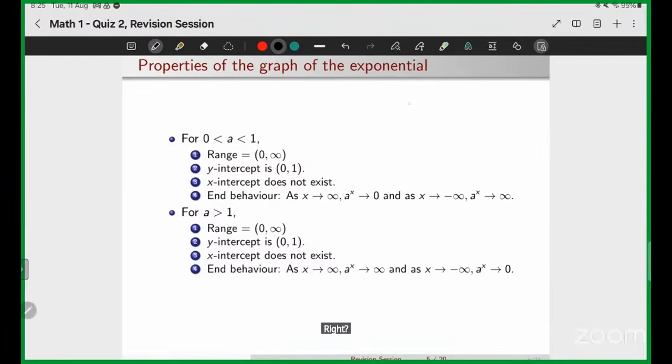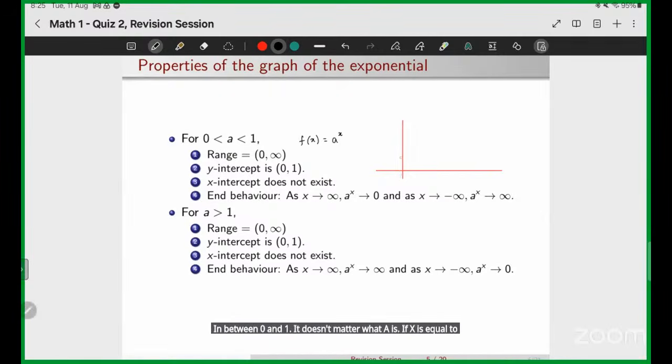So what happens when a is in between 0 and 1? Suppose f of x is equal to a to the x, and a is in between 0 and 1. If x is equal to 0, then f of x is equal to 1.